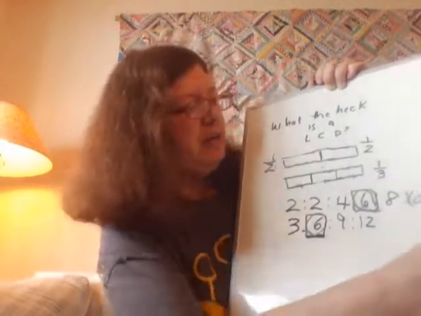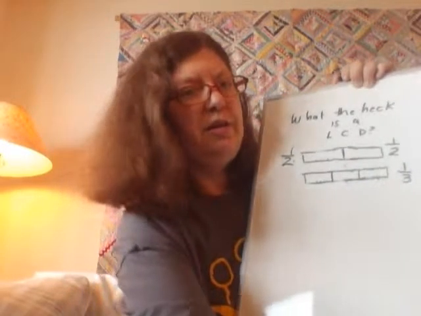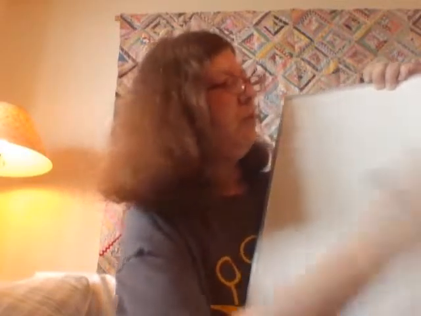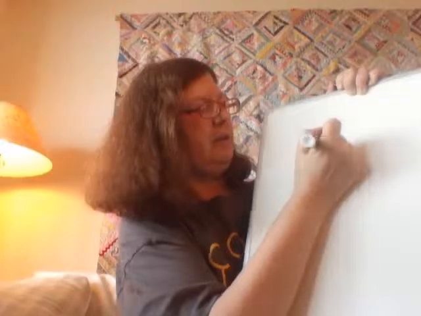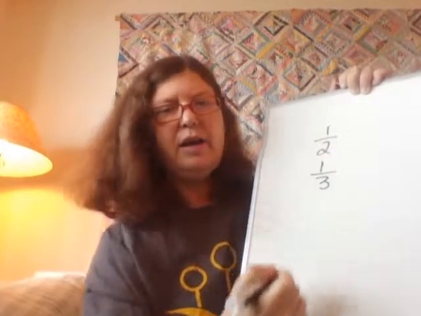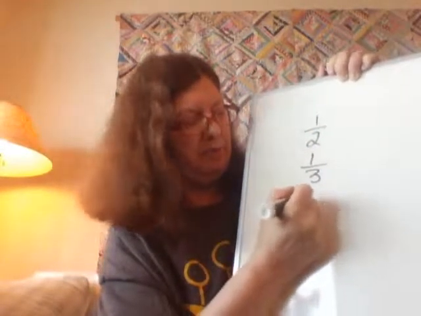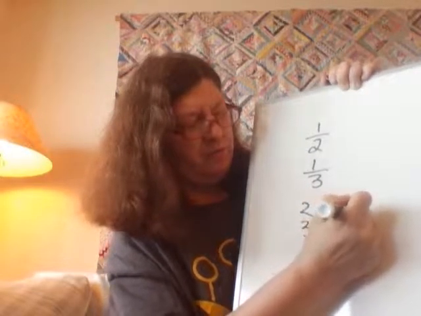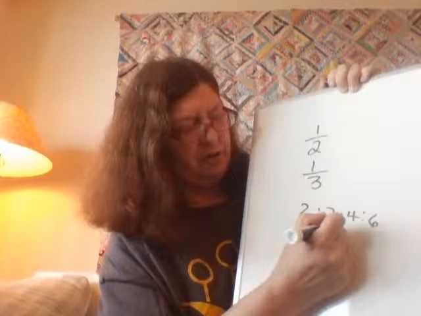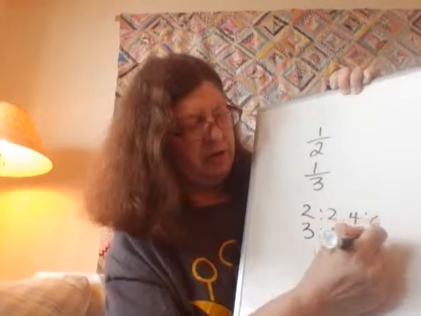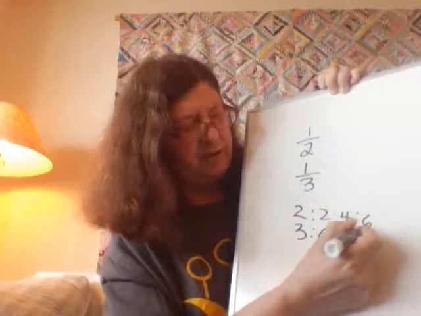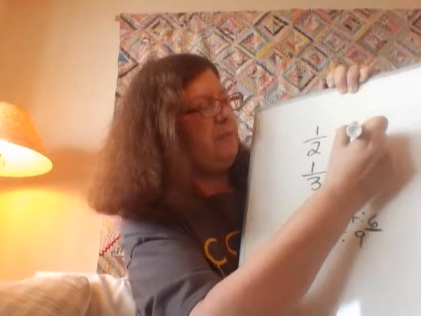All right, so let's look at the process for changing things without boxes. Let's pretend we don't have boxes. We have 1/2 and 1/3, and we know that they're not the same denominator, so we list multiples: 2, 4, 6 and 3, 6, 9. We see that 6 is the least common denominator, and we convert them.